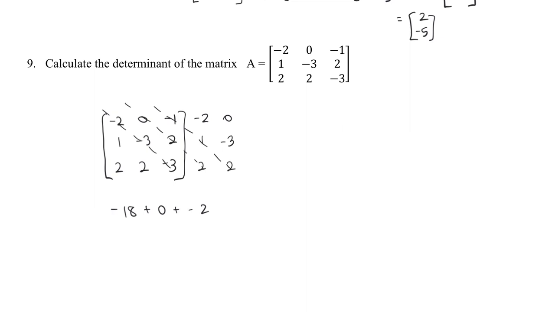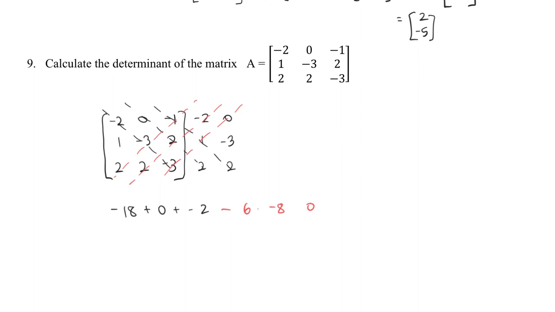Those I'm going to add. Now I'm going to multiply three more numbers here. -1 times -3 is 3. 3 times 2 is 6. Here, -2 times 2 is -4. -4 times 2 is -8. And here, 0 times 1 times -3 is 0.